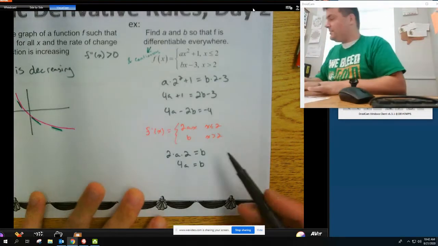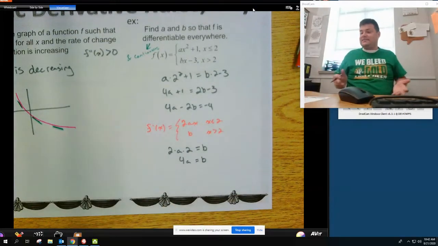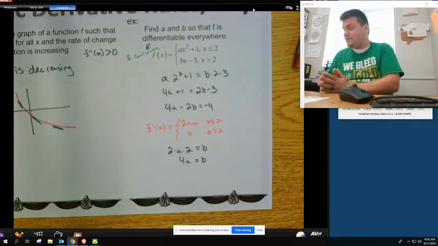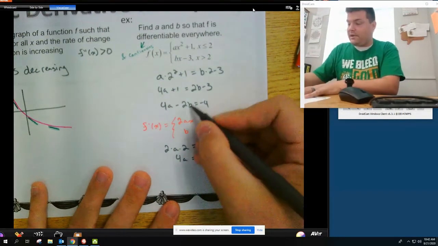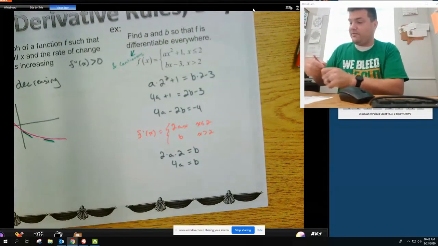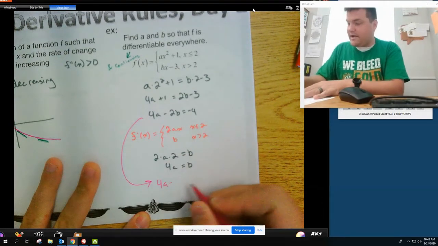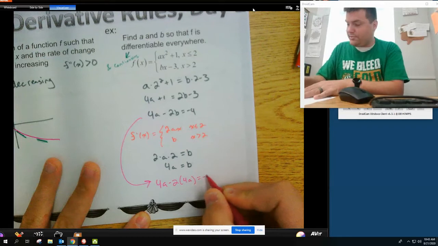So a couple different ways to solve this. You can go ahead and set this up like this. I think it's set up for substitution, though. It's going to be a little bit easier to substitute this in. So I'm going to take this b, and up here I'm going to replace it with 4a. So I'm going to go ahead and do that right now. So I'm going to get 4a minus 2b's, that's going to equal -4.